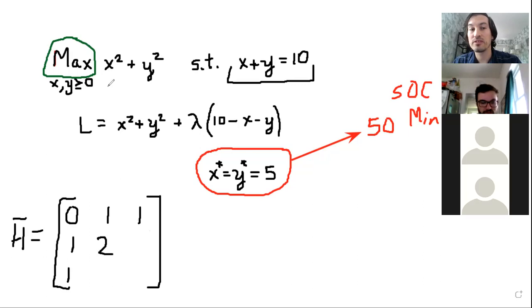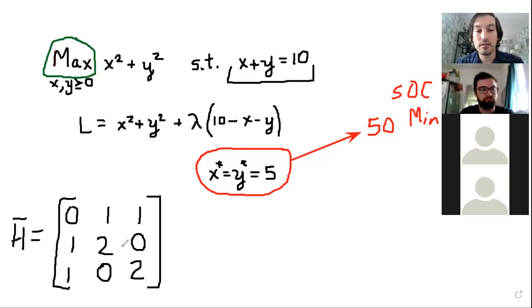First I get 2x, and I take the derivative of 2x with respect to y, it disappears. It's 0. You guys agree with this? Yeah. These are 2's because x squared becomes 2x becomes a 2. Y squared becomes 2y becomes a 2. These are 0's because there's no term with both x's and y's in them.